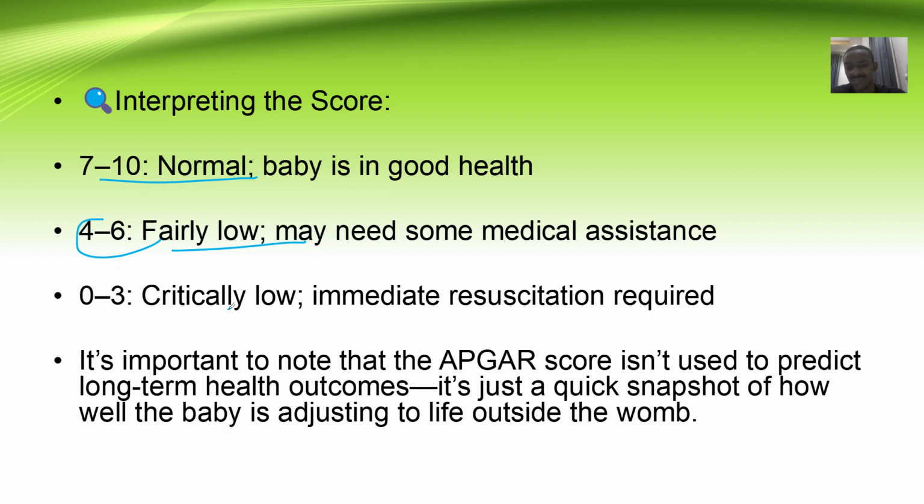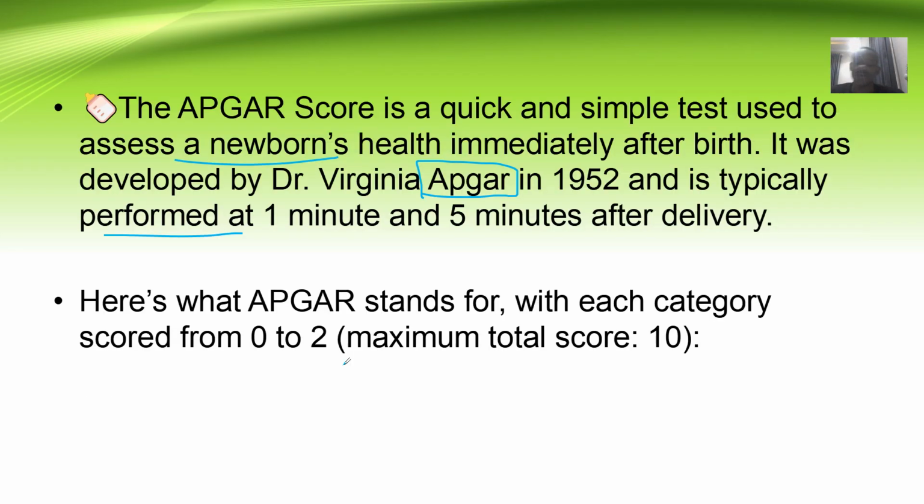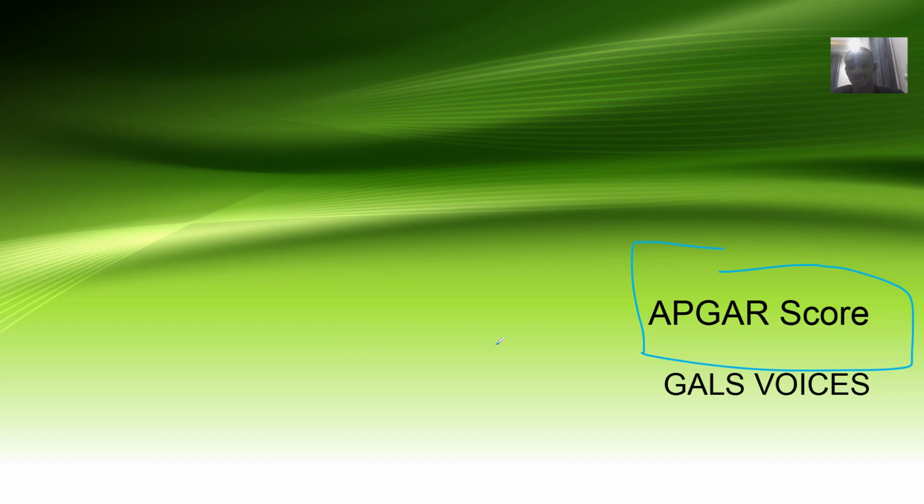If it's 0 to 3, the baby is weak, you are losing your baby. It's important to know that the APGAR score isn't used to predict long-term health outcomes. It's just a quick snapshot of that moment, so you can still be doing it later on. That's what the APGAR score simply means.